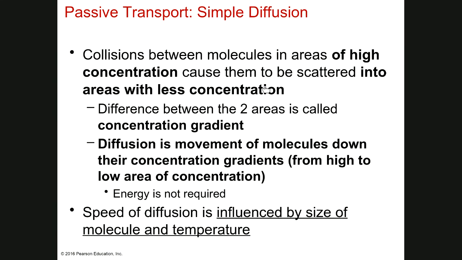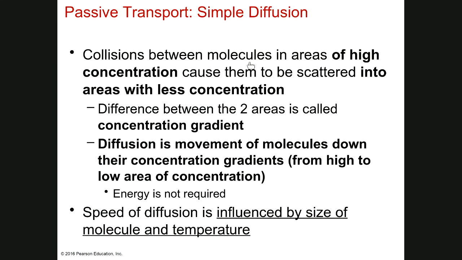This could be an ion, it could be a substance. When we talk about simple diffusion, we're dealing with a solute. We're dealing with a solid. All right, so we're going to be dealing with the movement of solutes across the plasma membrane.